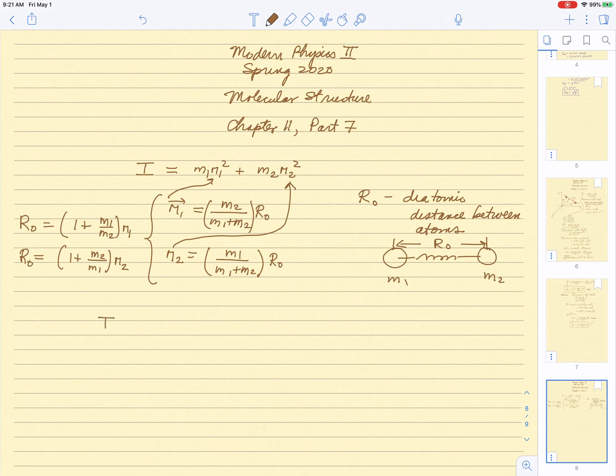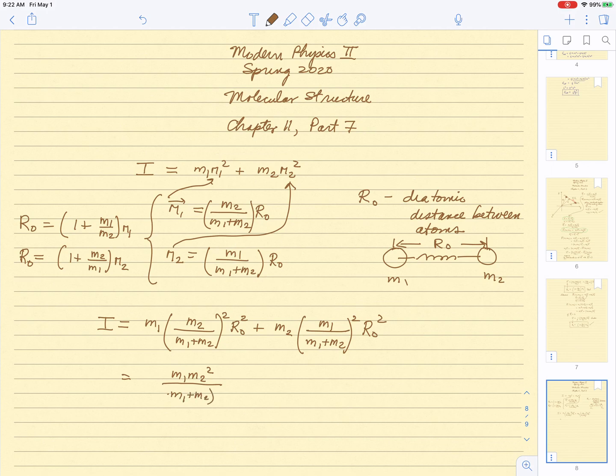And so now the rotational inertia is going to be M1 times M2 over M1 plus M2 squared times R0 squared, plus M2 times M1 over M1 plus M2 squared times R0 squared. A little bit of algebra here now.